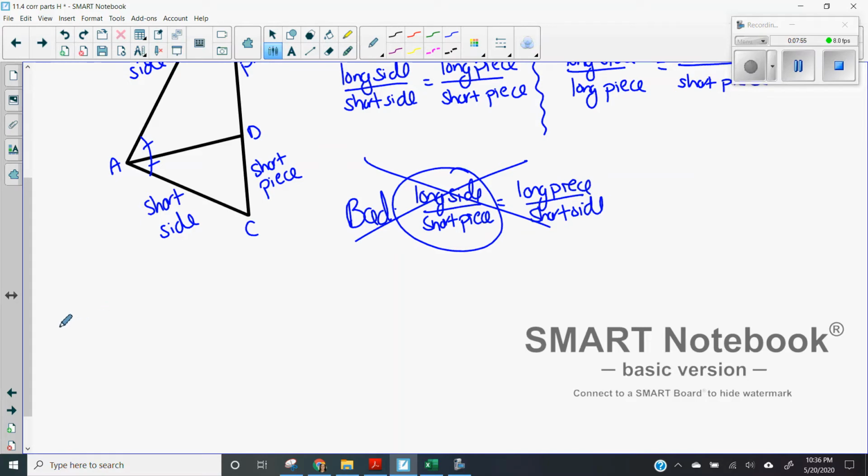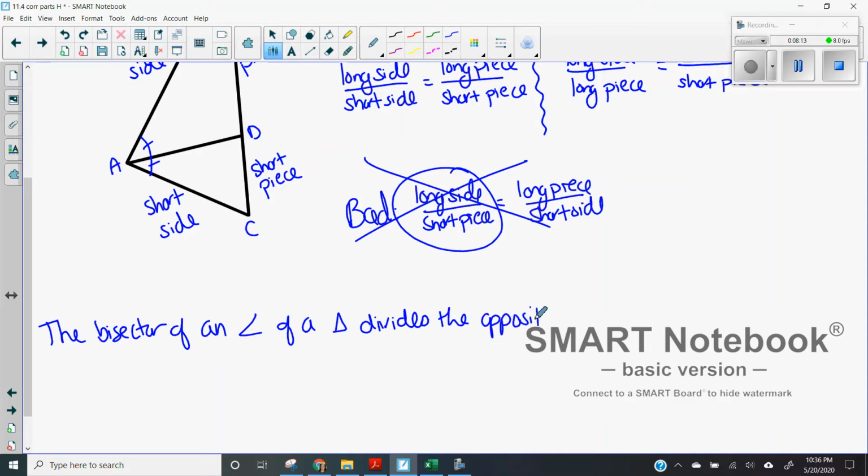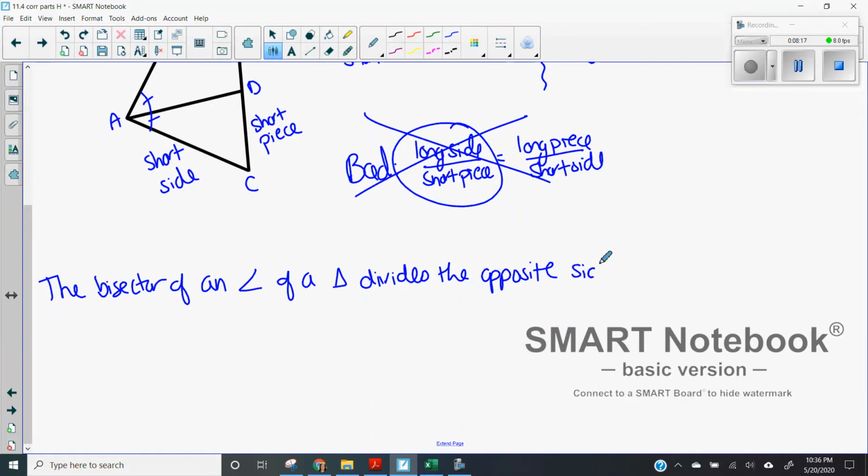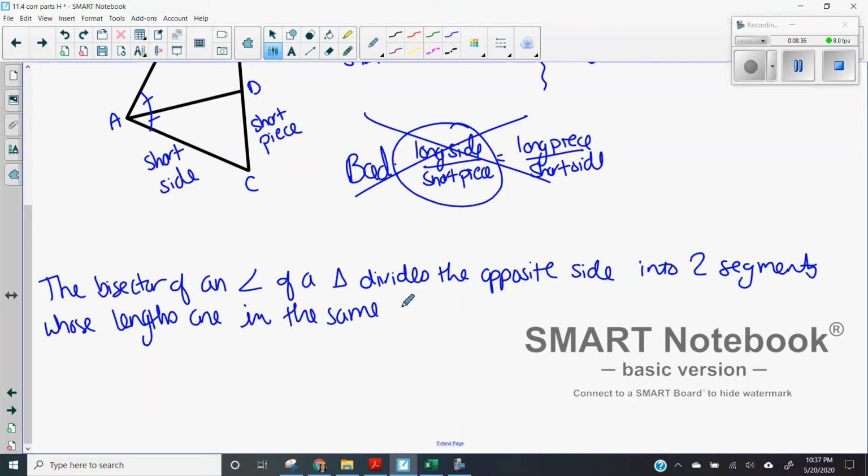So let's say the bisector of an angle of a triangle divides the opposite side into 2 segments whose lengths are in the same ratio as the lengths of the 2 sides forming the angle.